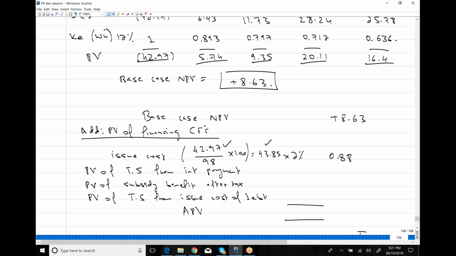Okay, so issue cost, this is an outflow, right? So I will write it as an outflow, in negative. Any problem in this working?